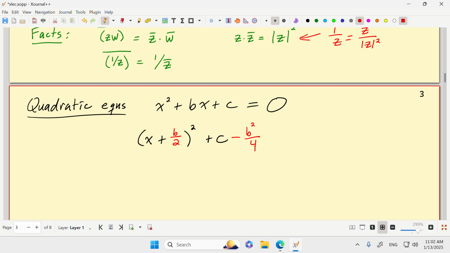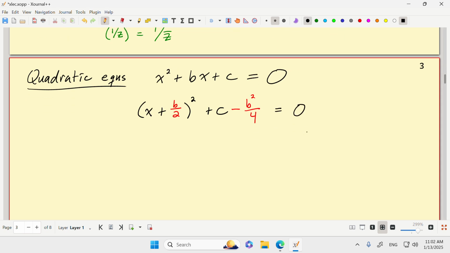And now I have something that looks like a square that maybe I'll be able to take the square root of. And so you learned in junior high that the next thing to do is put that junk on the other side and get b squared over 4 minus c. And the last thing to do is to take the square root, and then I can solve for x.